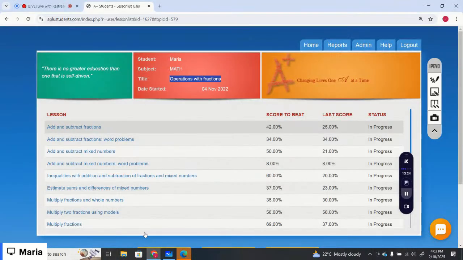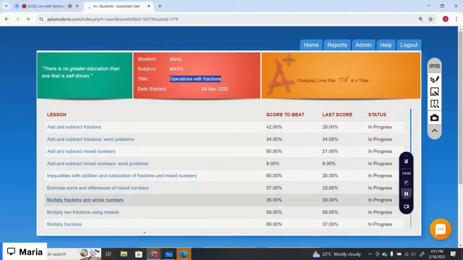So here I'm on grade 7 math operations with fractions. Let's just start with the lesson that is multiply fractions and whole numbers.